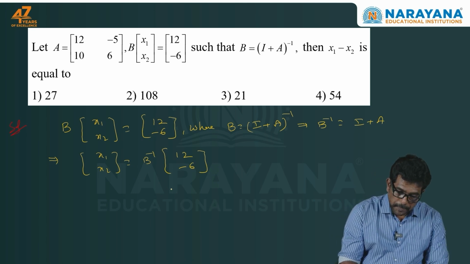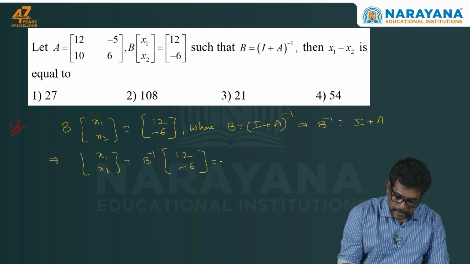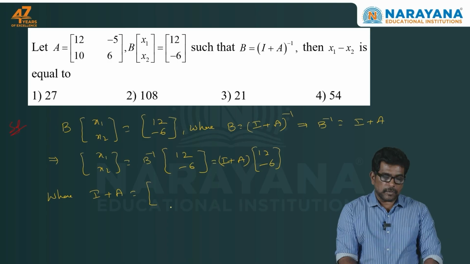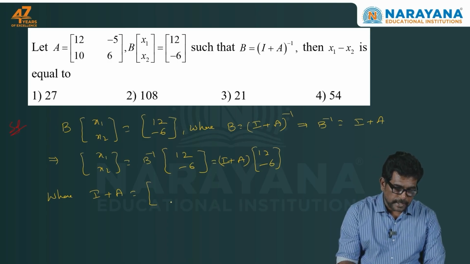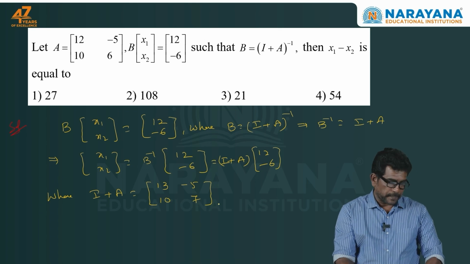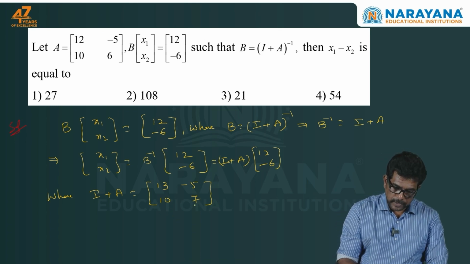That is, B inverse is I plus A, into the matrix 12 minus 6, where I plus A is equal to, whereas A is equal to 12 minus 5, 10, 6. So I plus A is equal to 13 minus 5, 10, 7.